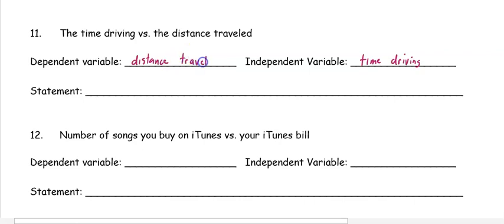Think about a situation where you are driving in a car, and the longer you drive, the more distance you covered. So our dependency statement would be: distance traveled depends on time driving.